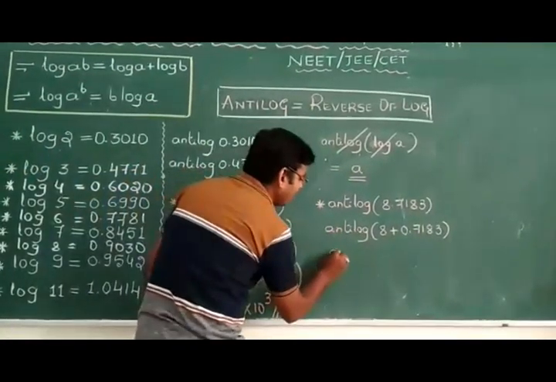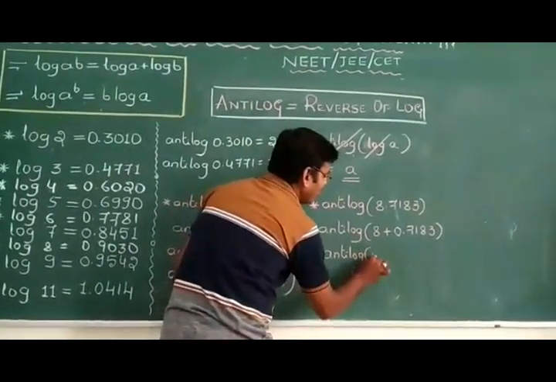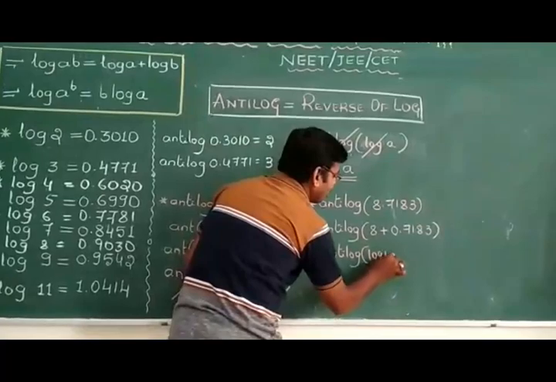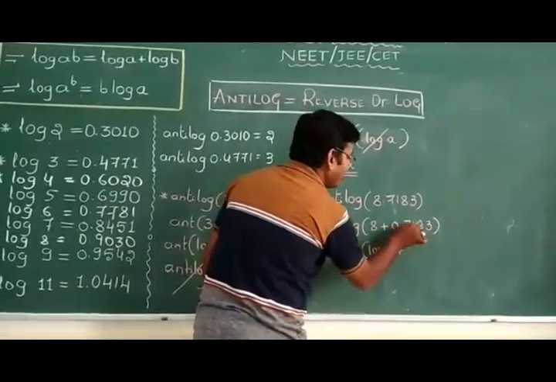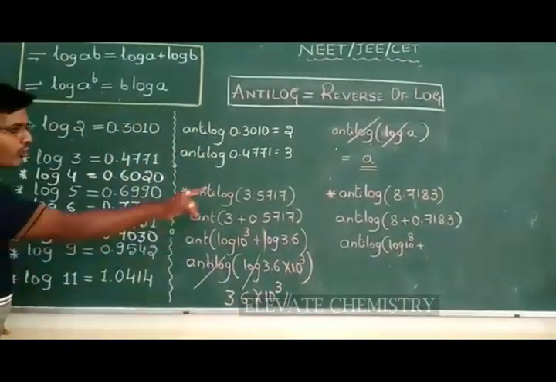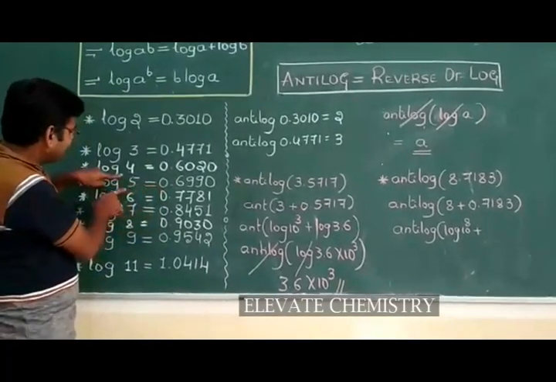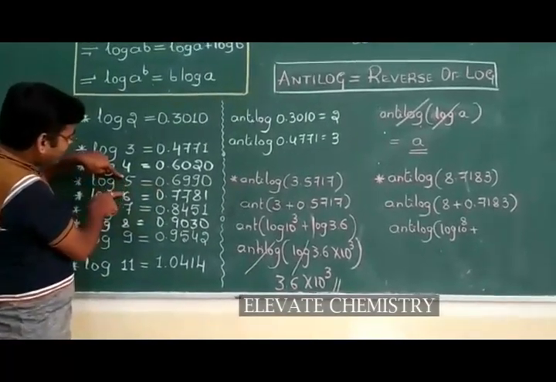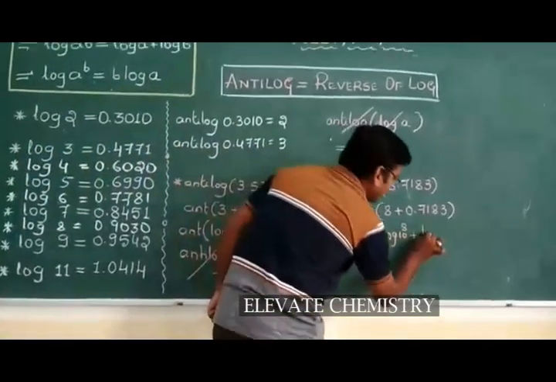Now write anti-log of log 10 to the power of plus 8, plus 0.7183. Already you know these log values. 0.7183 comes in between log 5 and log 6.